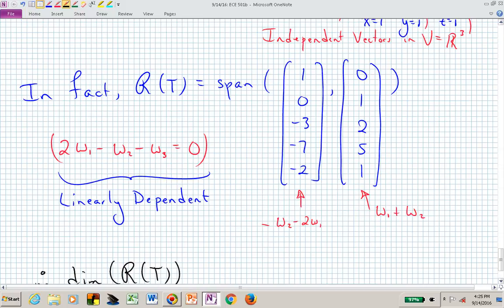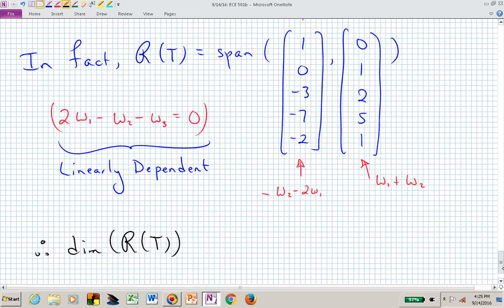No, because we have at the very top, we have 1 and 0 and 0 and 1 in the 2. There's no way we can make a linear combination of one be equal to the other. So these two columns are linearly independent. They produce the range of T if we linearly combine these in any manner we want. And for that reason, what's the dimension of the range of T?